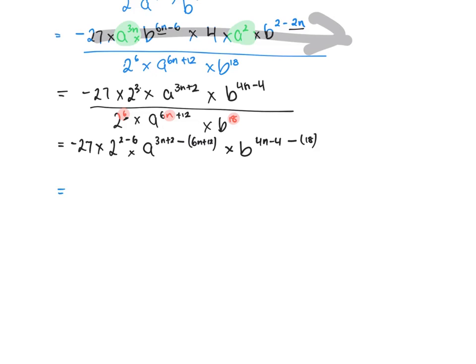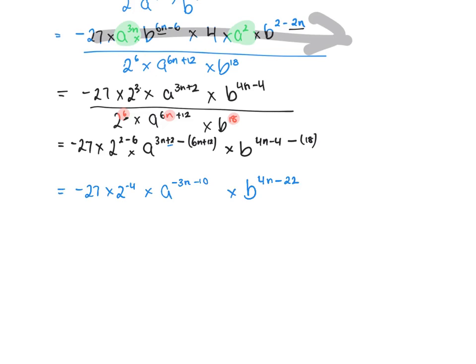So at the moment, I've got negative 27 times 2 to the negative 4 times a to the power of, now, it would be 3n minus 6n, so that would be negative 3n. And then you've got 2 minus 12, so that would be negative 10. Yep. Times b to the power of 4n minus 22. Yeah?